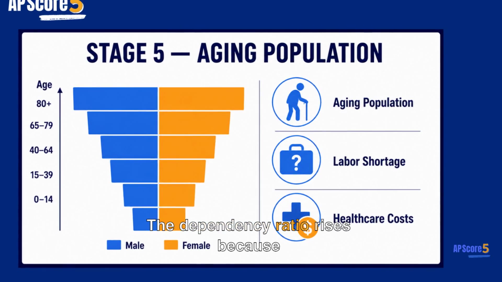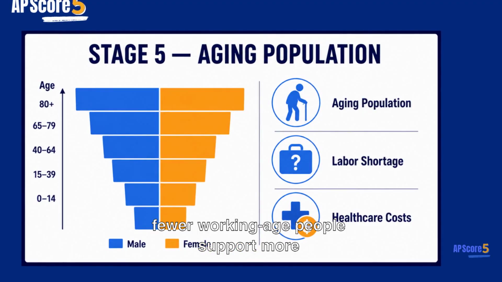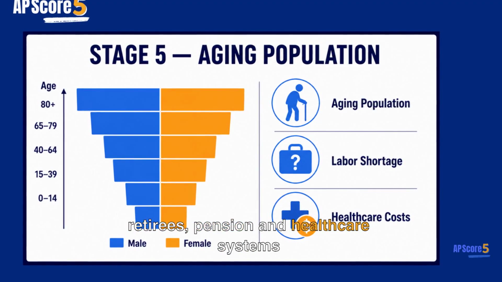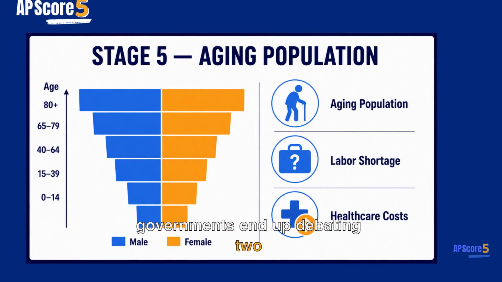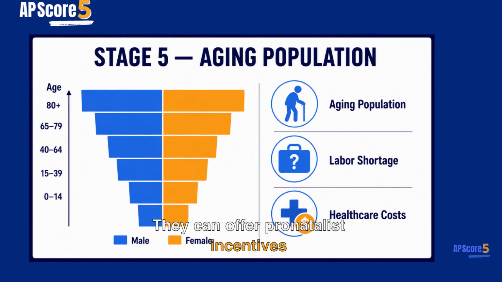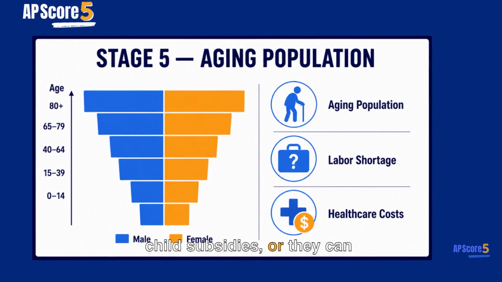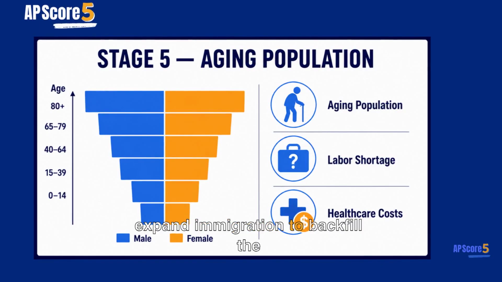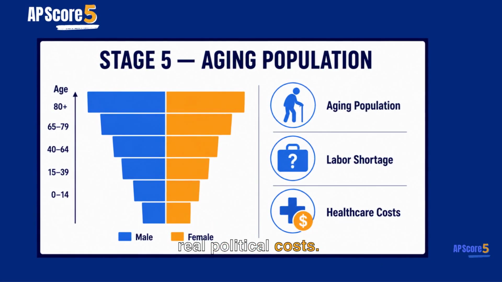The dependency ratio rises because fewer working-age people support more retirees. Pension and healthcare systems strain under that weight, and governments end up debating 2 policy tools to fix it. They can offer pronatalist incentives like paid parental leave and child subsidies, or they can expand immigration to backfill the workforce, and both options carry real political costs.